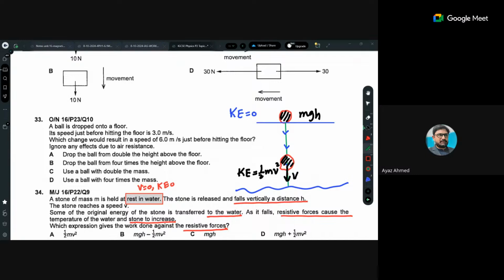And what about the statement? It is said that water and stone both have increased in temperature. It means there is a loss in energy, or rather, you can say thermal energy. Isn't this thermal energy the work done against friction?